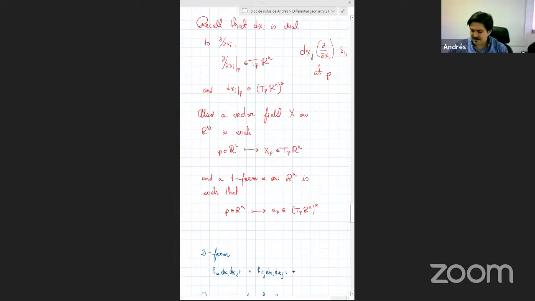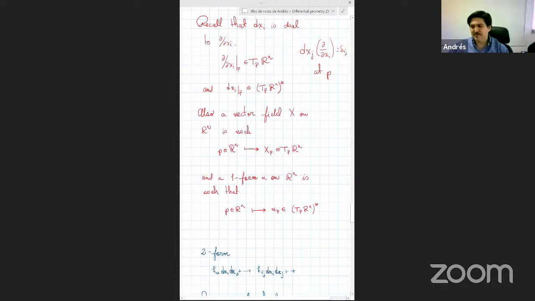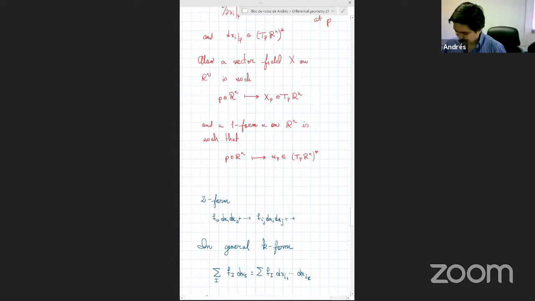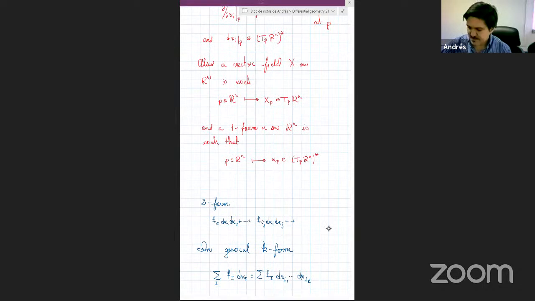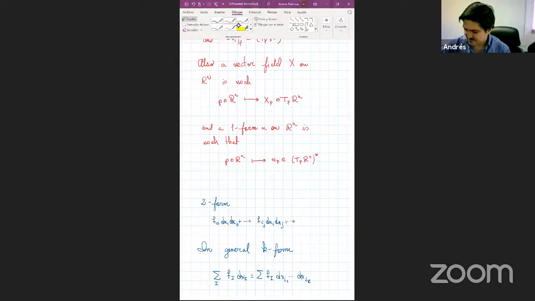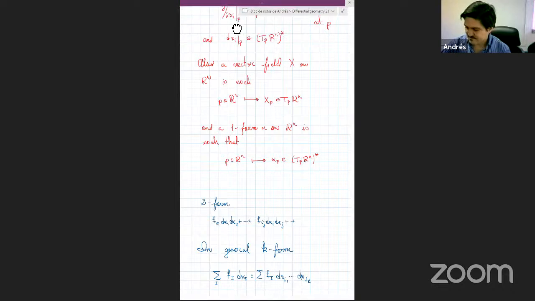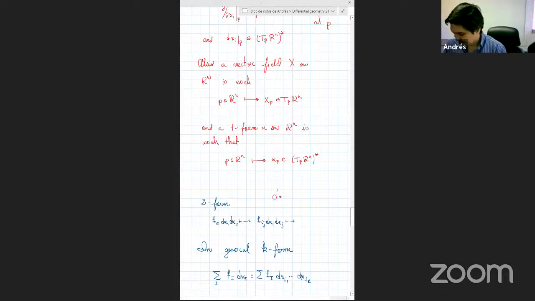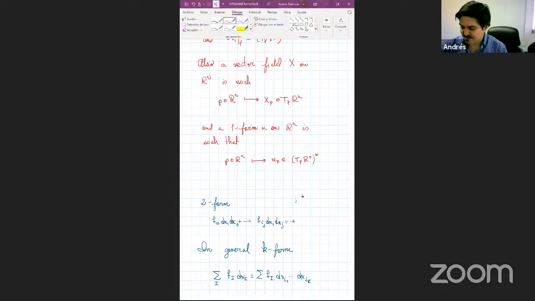And now, again, in Euclidean space, a two form looks like this. There is some smooth function here, and I'm writing this, and this is some short notation for the wedge product.